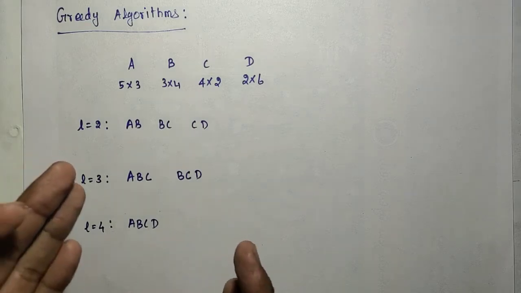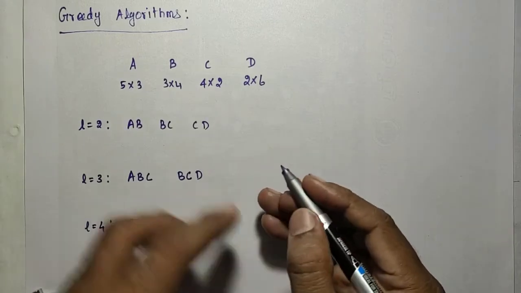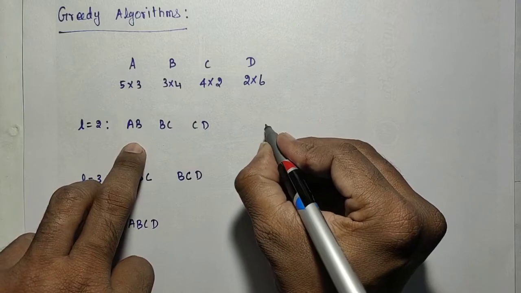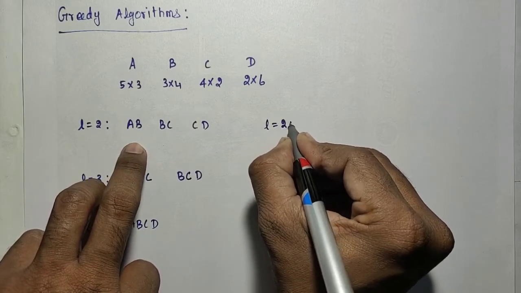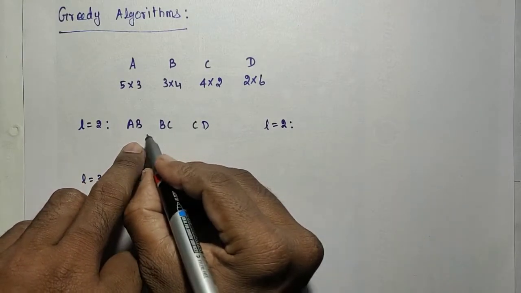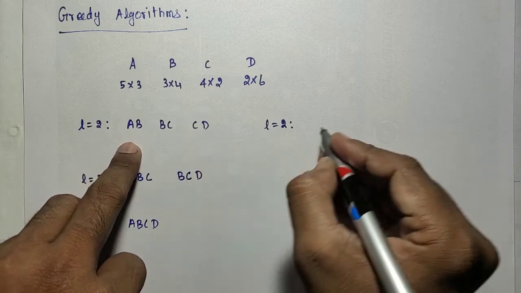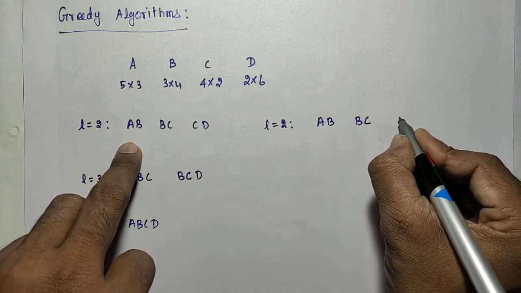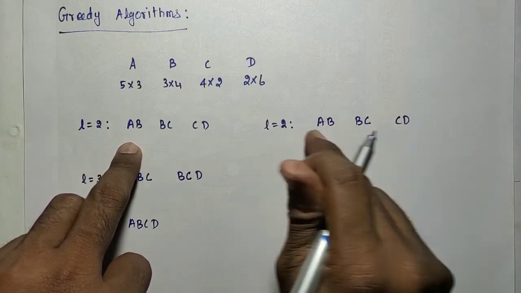Whereas if we solve the same problem with the greedy approach, at this stage, L equal to 2, it will find all the possible solutions: AB, BC, CD.